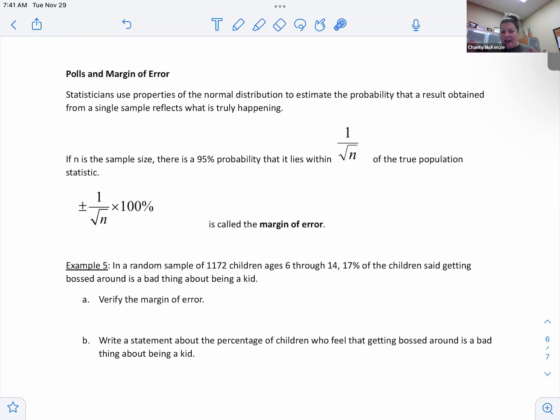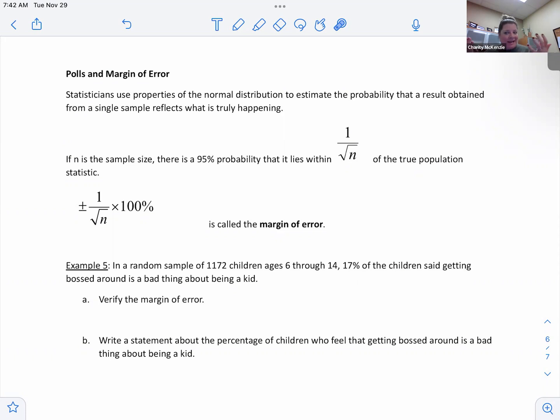So margin of error, if you're asked for it, you're going to do 1 divided by the square root of how many data you have. And what the margin of error does for me is it tells me how much error I'm going to possibly have based on the number of samples. There's always going to be error because you're not going to have a perfect sample.